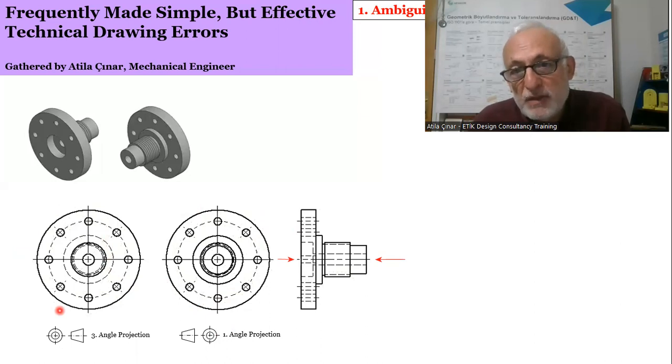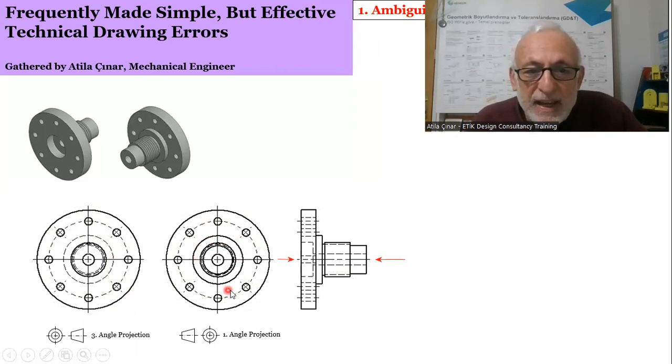So in every drawing, we must show the users of the drawing, the manufacturers and inspectors, which method is used in the drawing. Of course, they can understand from the views, from the lines, and they must try to understand which method is used.